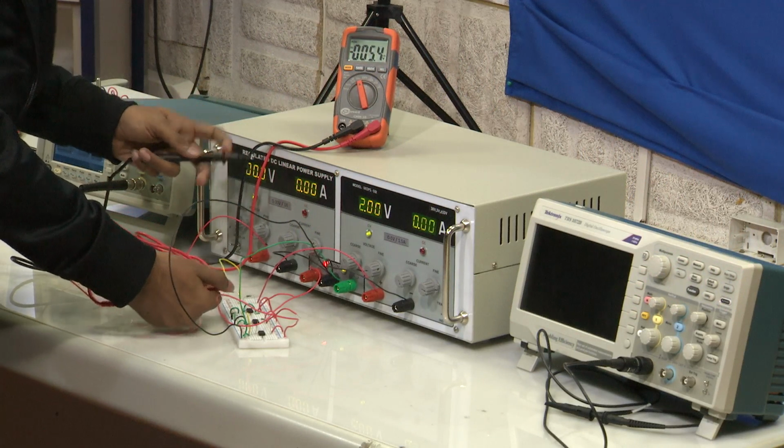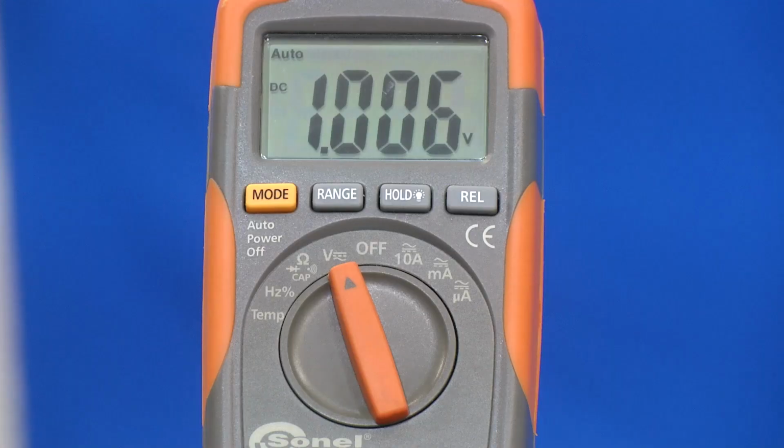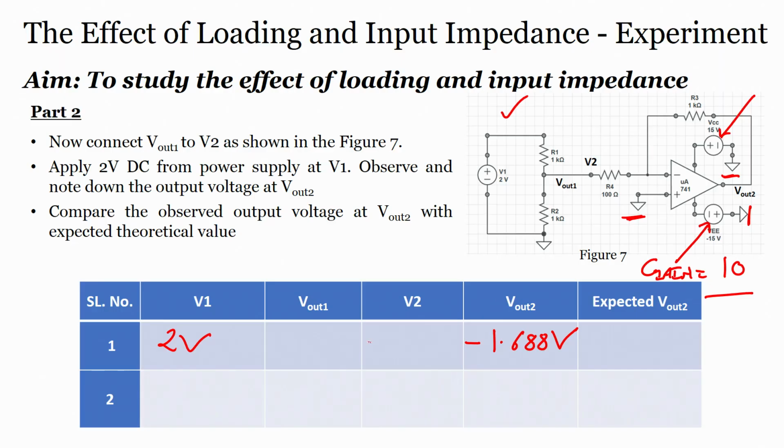So, we are measuring now the voltage across V2, and we see it is 1.006 volts, alright. Okay. So, this is one way of doing it. Let us do another way.